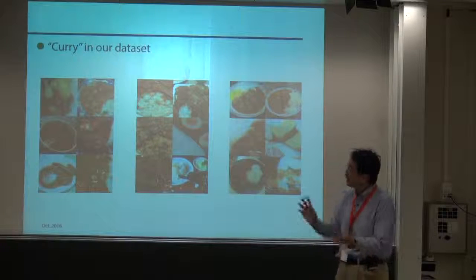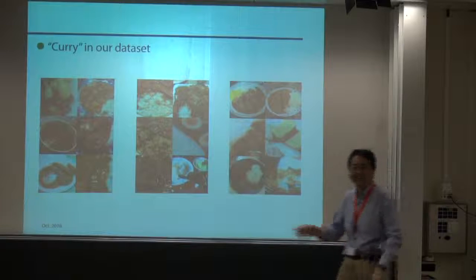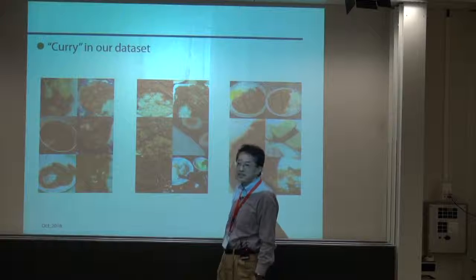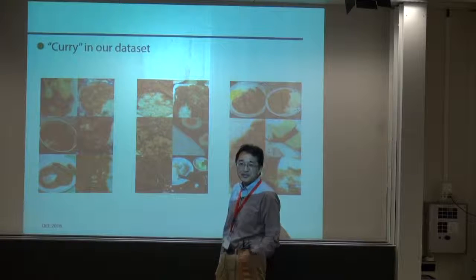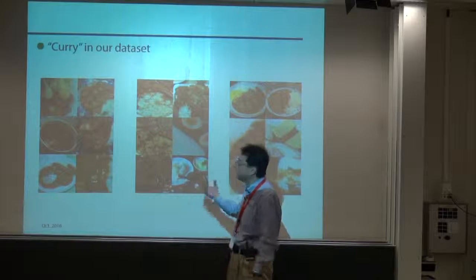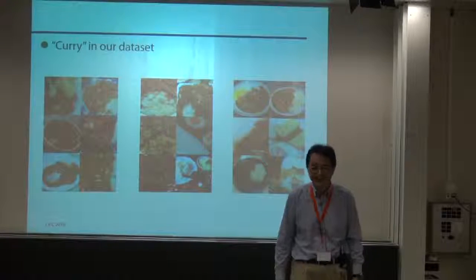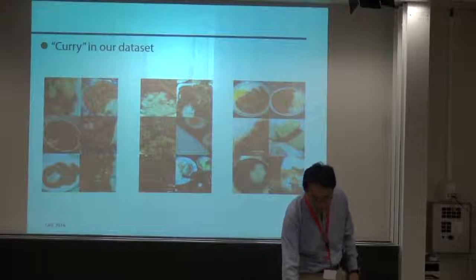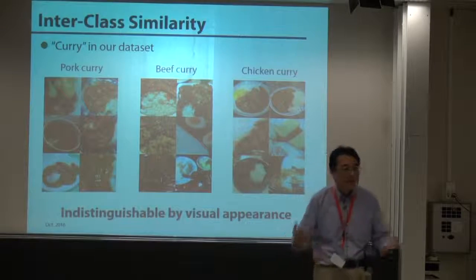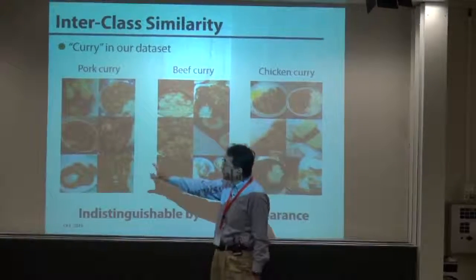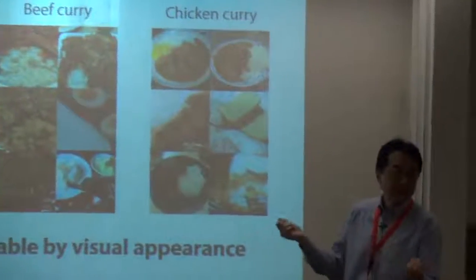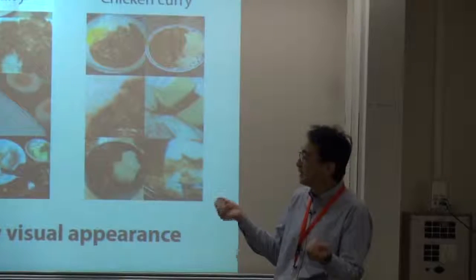Well, this is another one. This is curry. Can you distinguish between the 3? Actually, in some of those cases. Yeah. These are all curry, but they are pork curry, beef curry, and chicken curry, and they have different names, or different labels.